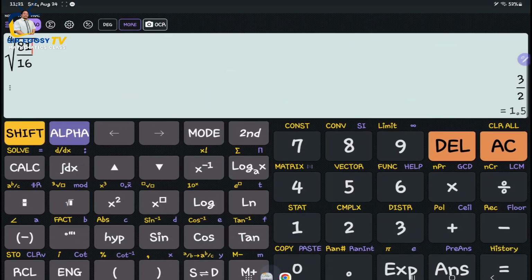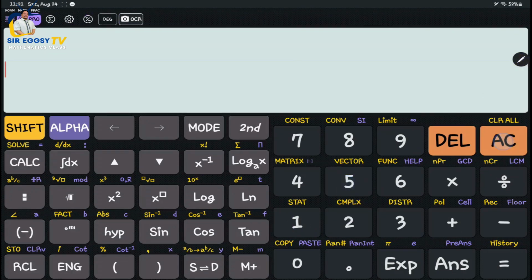Okay? So how are we going to do that? 15,625. So we're just going to divide it by 5 until the final answer is 5. Okay? Divide by 5. Then you get 3,125. So it's not yet 5.